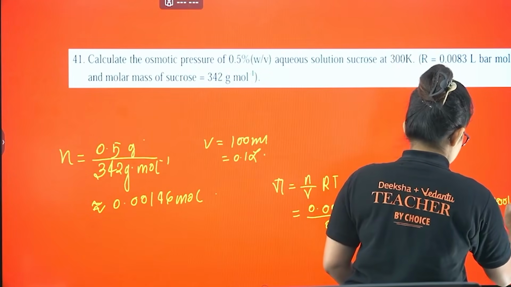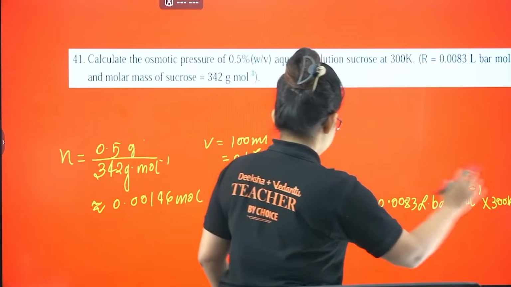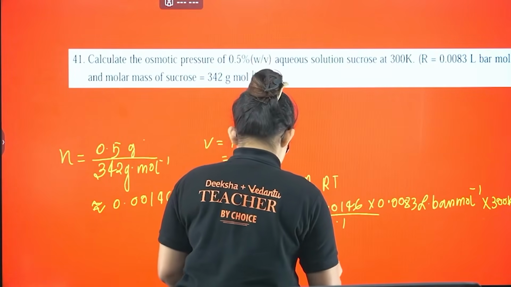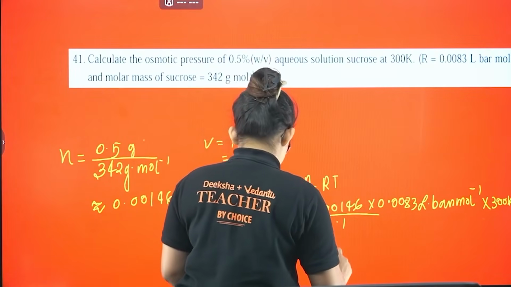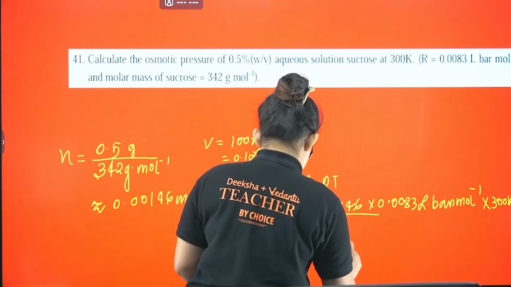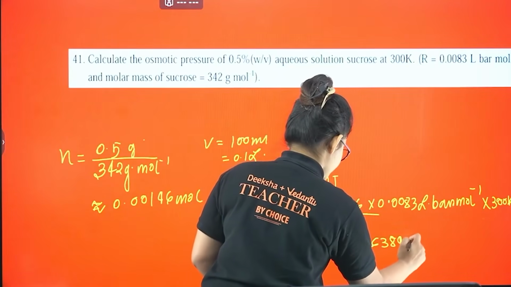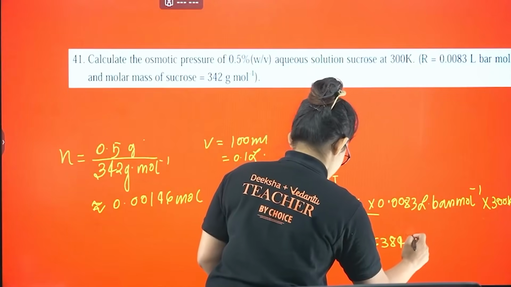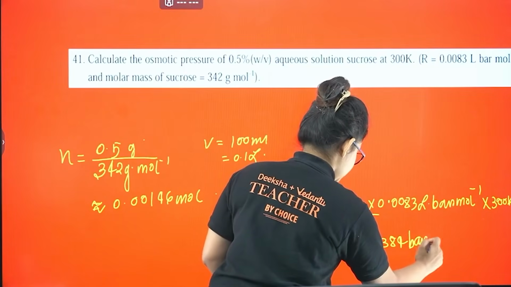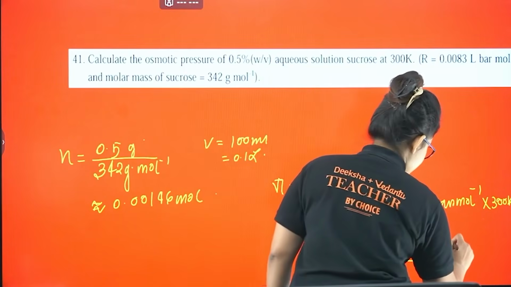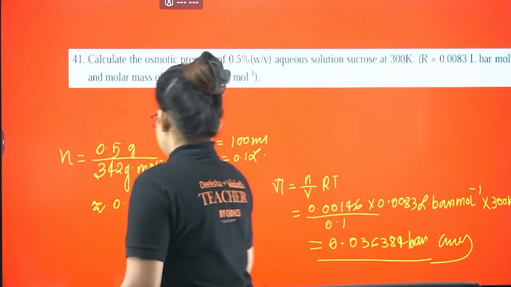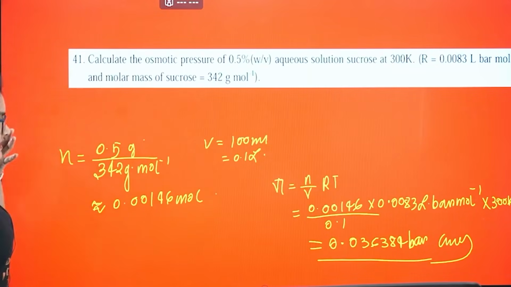Okay. So if you calculate this entire thing, your answer will come up to be something like 0.036384 bar, right? Okay. So yeah, I guess this is clear to you.